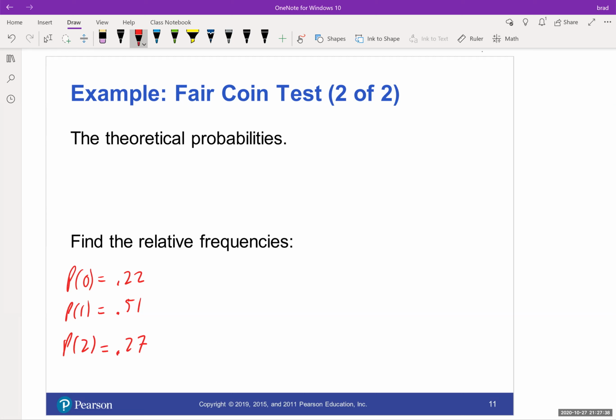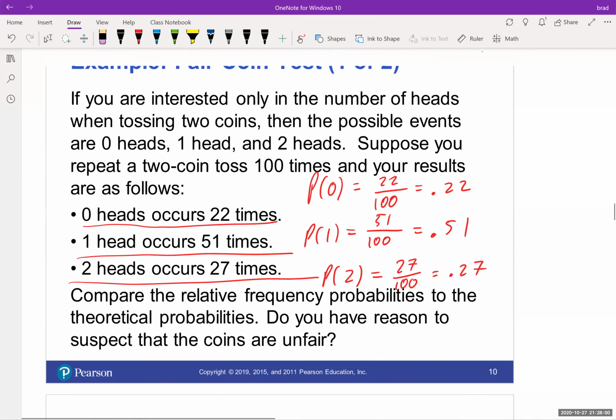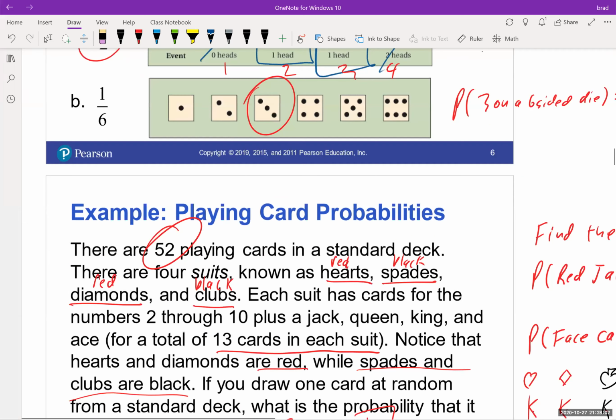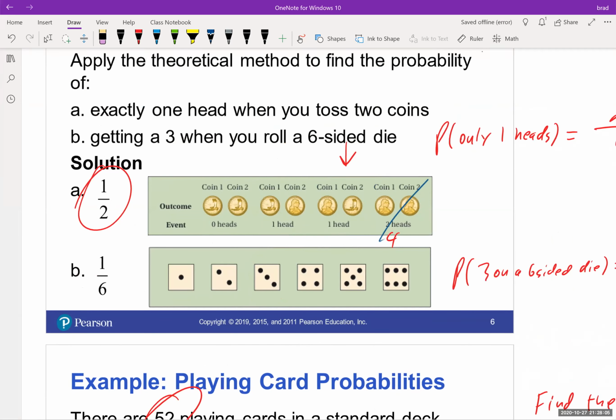Theoretically speaking, the probability of 0 heads is equal to 0.25, okay? The probability of 1 head is equal to 2 out of 4, okay? And again, all I'm doing is, remember our coin up here? How many of these had no heads? 1 of them.